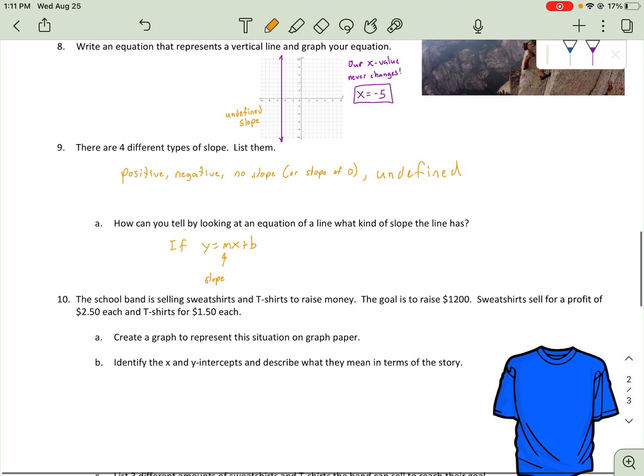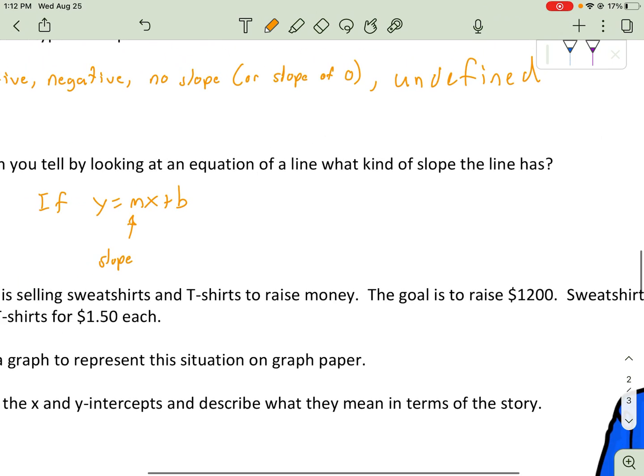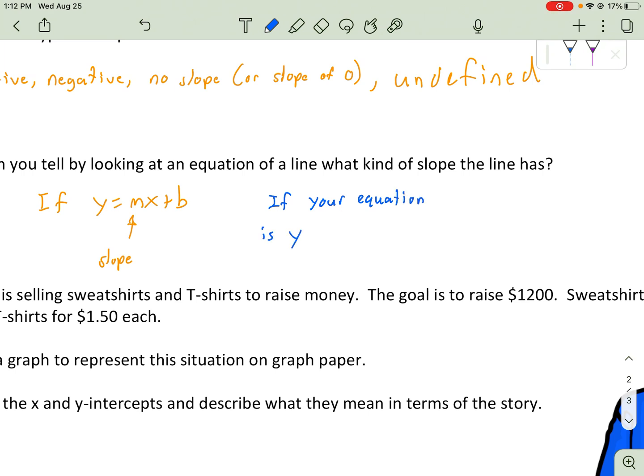Or if you have a y equals equation, like y equals a number, then it's a slope of 0, because that means it's a horizontal line. If your equation is y equals any number, then the slope is 0, because it's a horizontal line.